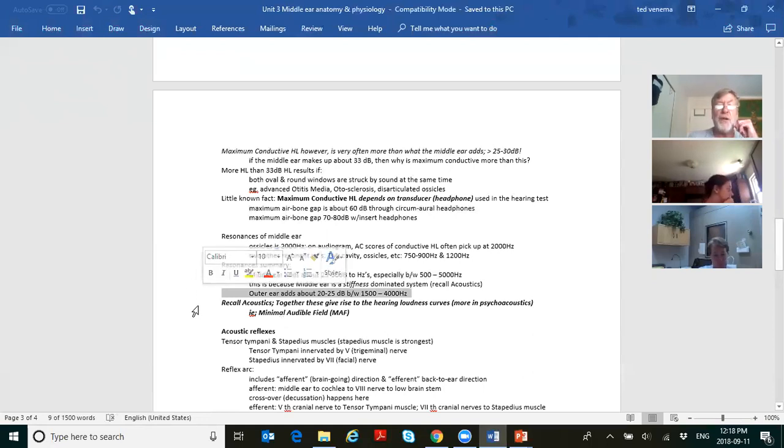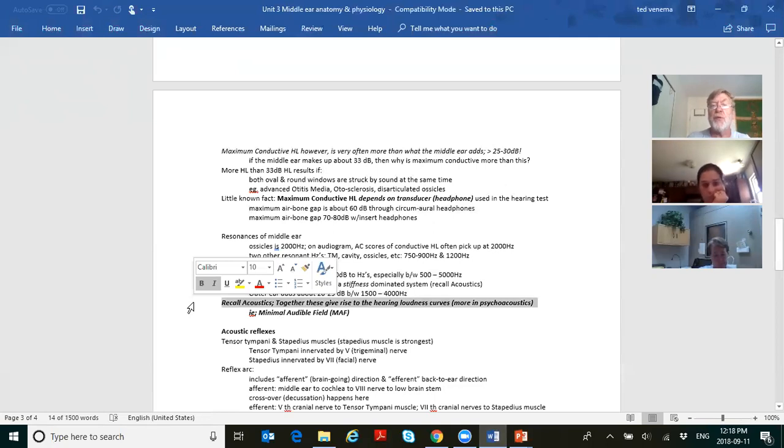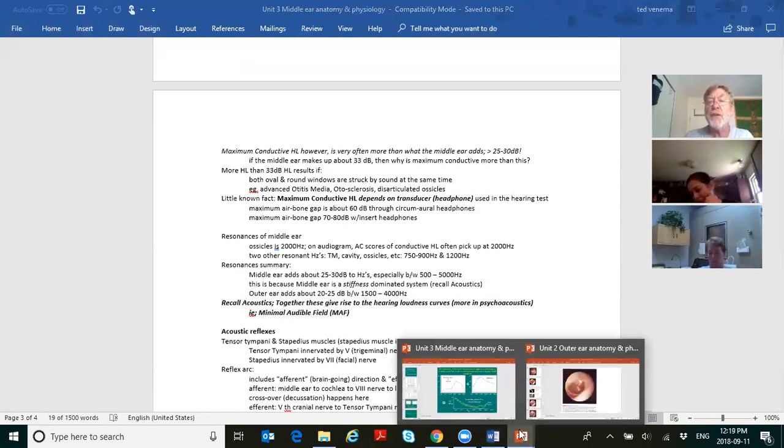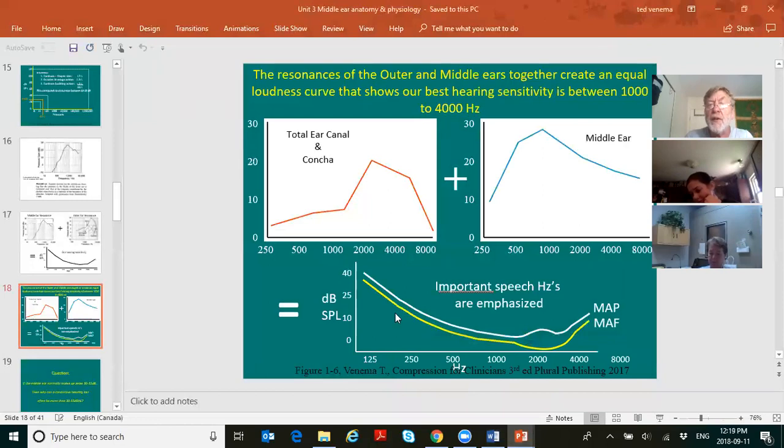And recall from acoustics, and you'll get this more when we cover psychoacoustics, together these give rise to the human hearing loudness curve. There are the curves, showing you that our ears are more sensitive at some frequencies than at others.